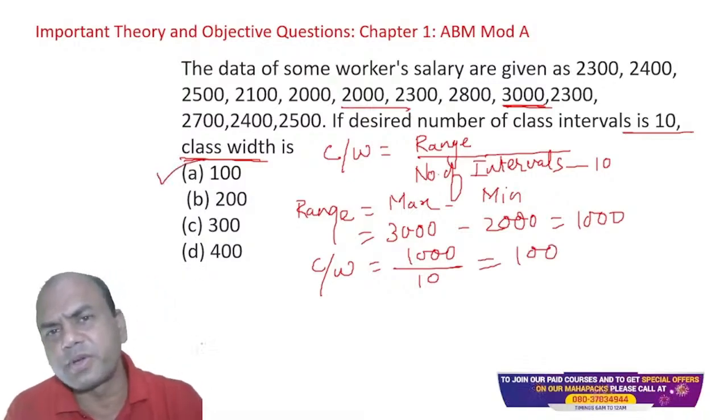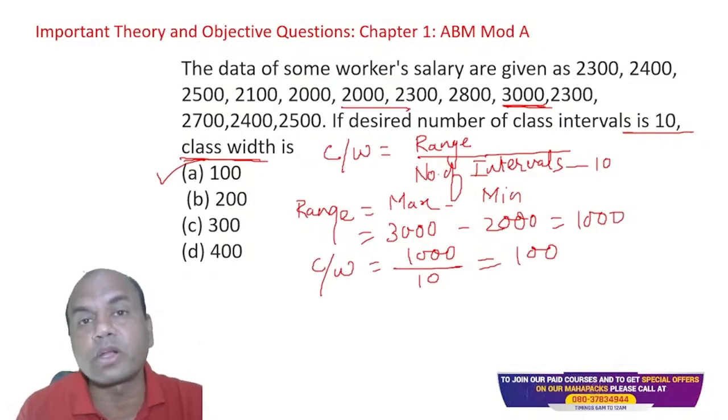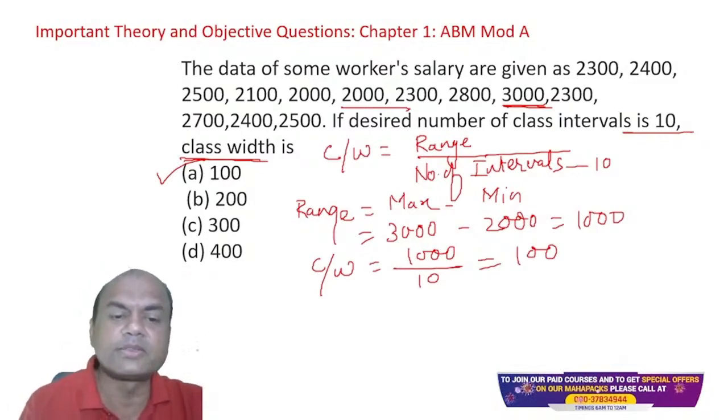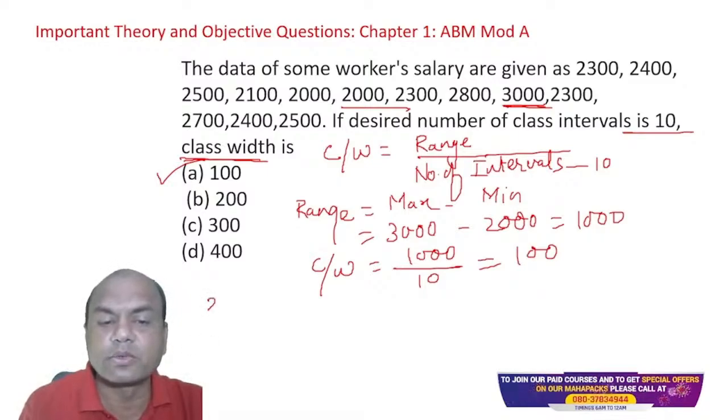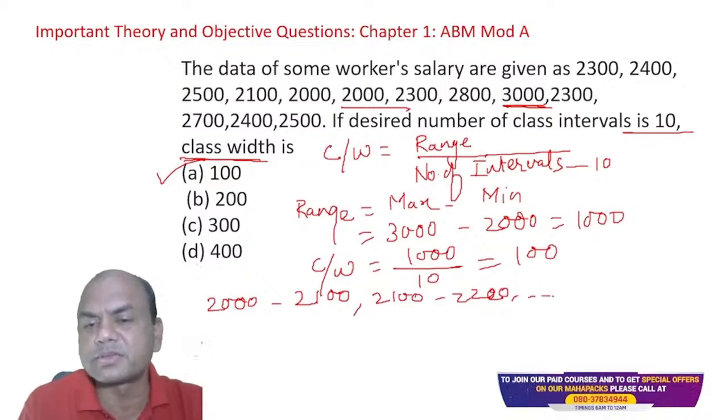What do you mean by class width? What is the meaning of this word? This 100 you have got, it means what? It means when I start arranging these numbers, I'll be arranging them like this: 2000 to 2100, lowest number, and then go on adding 100. Then 2100 to 2200, and so on, up to the last number, 3000.